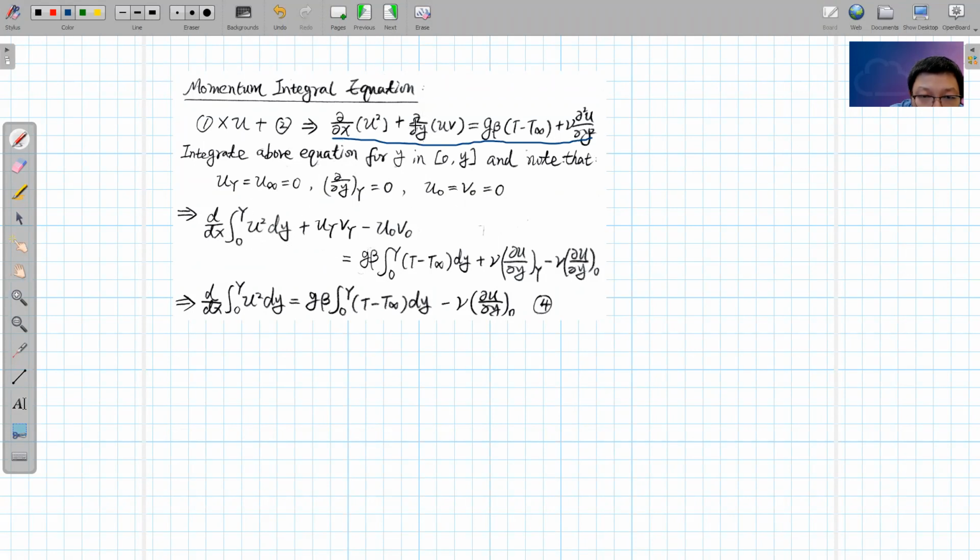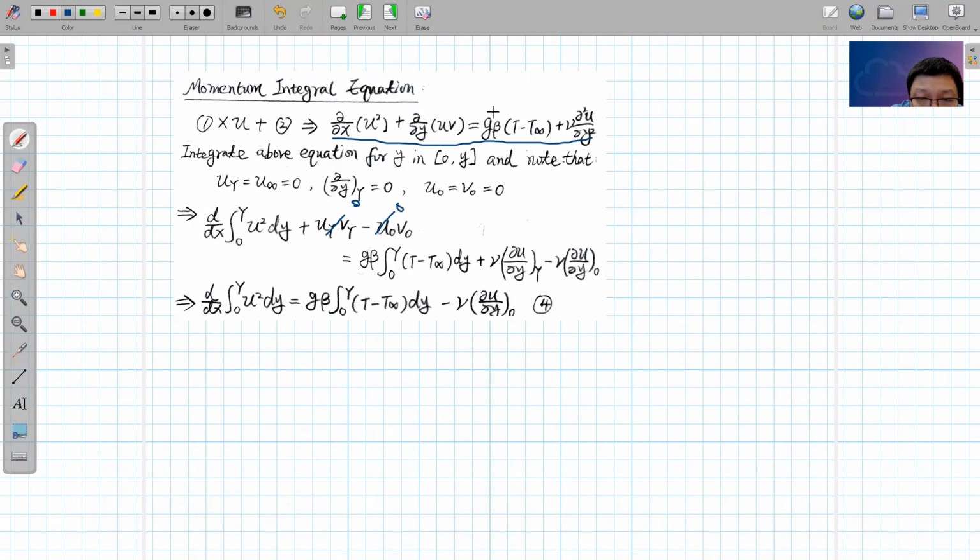For this partial y term, you integrate on y, so it will basically be u_y v_y minus u_0 v_0. Because u_y equals 0, and we know that u_0 v_0 is 0, this term and this term are basically all 0. So these two terms are gone.